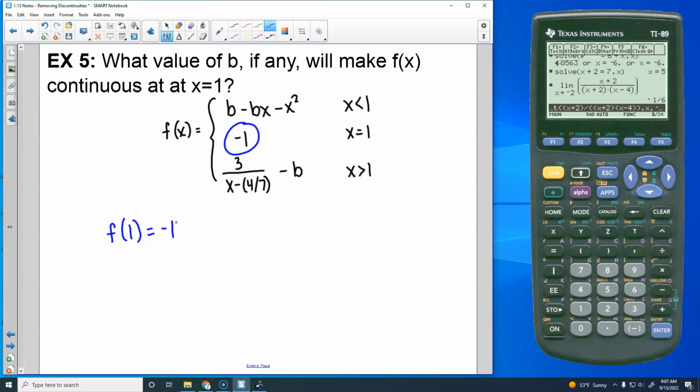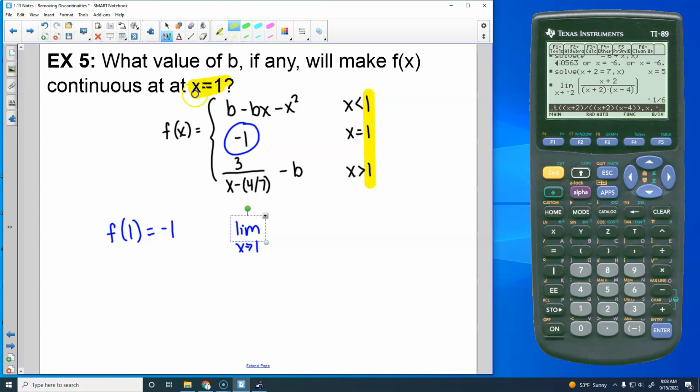So you got a couple options on this. You can do limit from the left equals limit from the right, or you could just take the limit as x approaches 1, because 1 is the place we're going to have trouble.